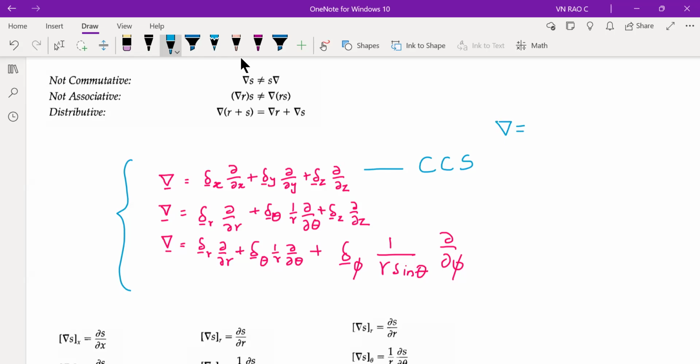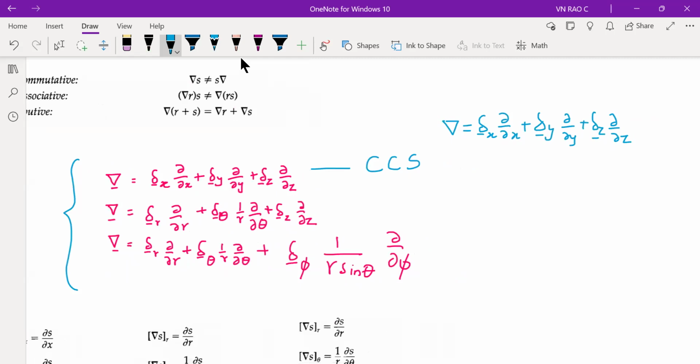The del operator, not delta, is given as delta x dou by dou x plus, whereas this is vector, delta y dou by dou y, plus delta z dou by dou z. So this is the del operator in Cartesian coordinate system.